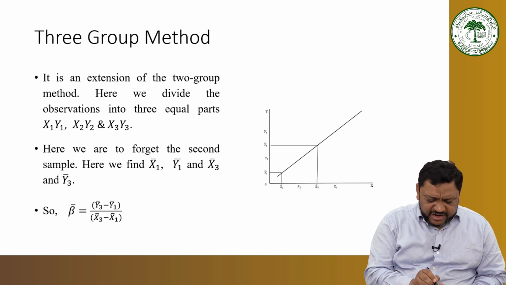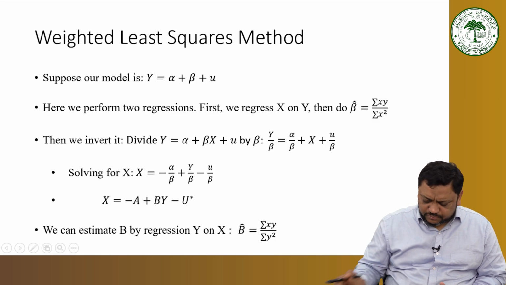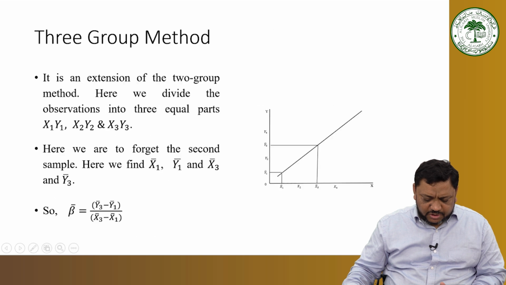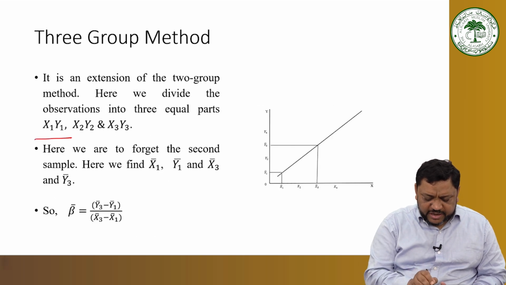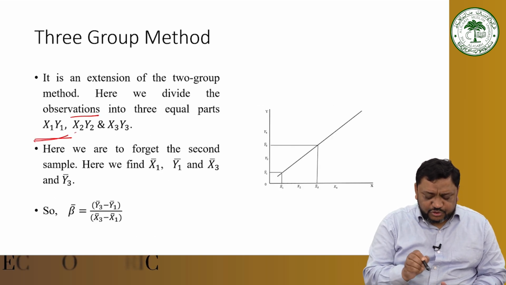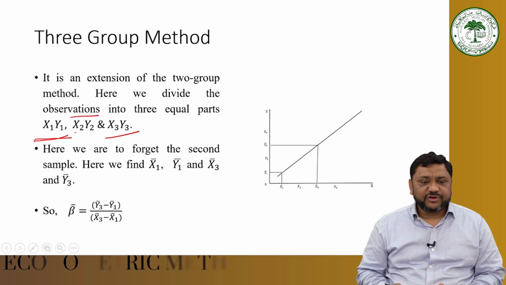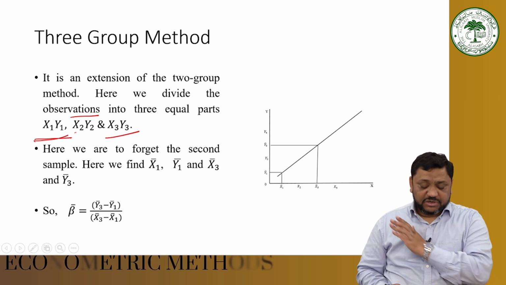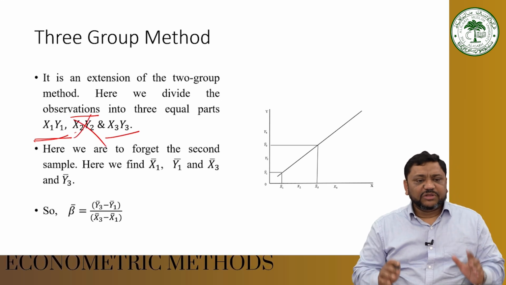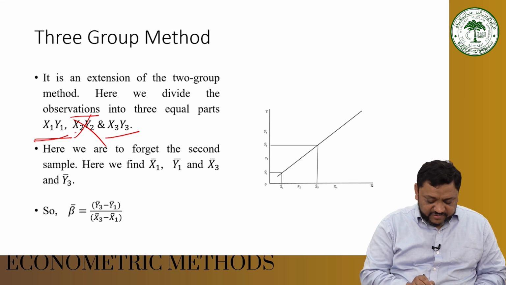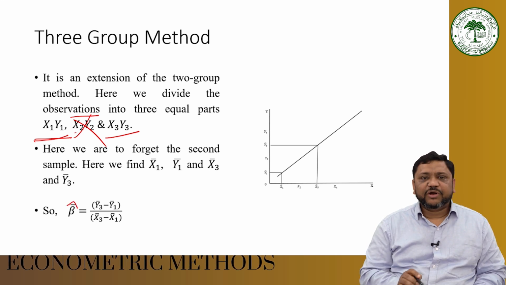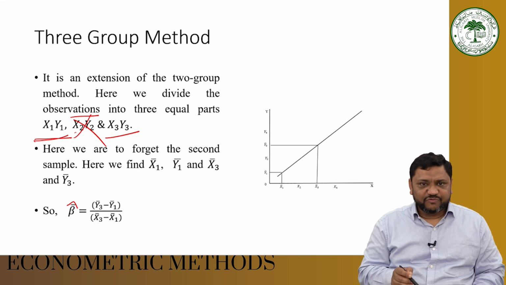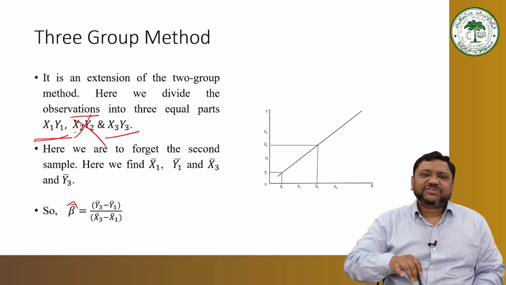So here we are dividing the observations into x1, y1, x2, y2 and x3, y3, and we just ignore the middle one, and your beta hat, sorry for the mistake, is equal to y3 minus y1 divided by x3 minus x1.